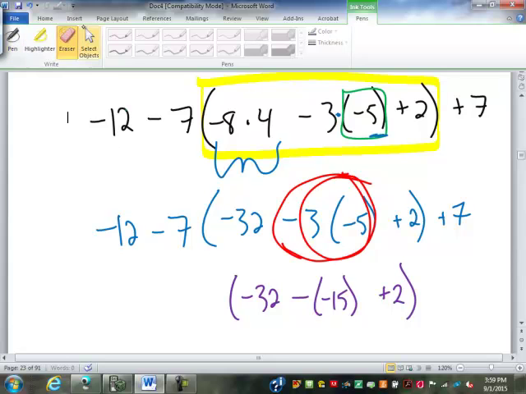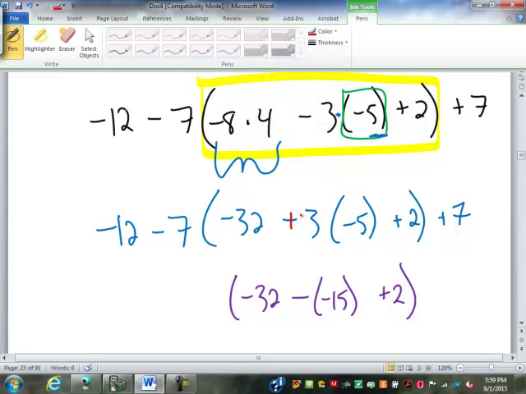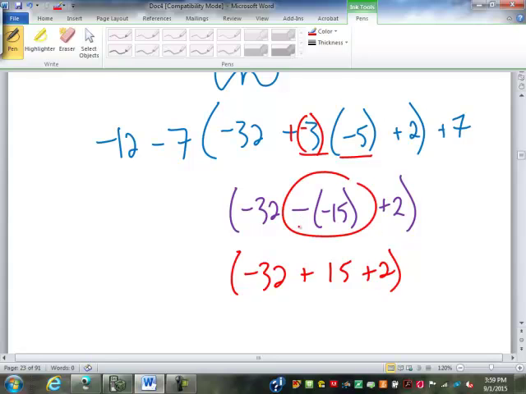If we wanted to think of it as being a negative 3, however, we would have to change it to be plus a negative 3, like that. Now it's a negative 3 times a negative 5, which is a positive 15, plus a positive 15. Well, what's going to happen here anyway? Minus a negative 15 is going to become plus a positive.